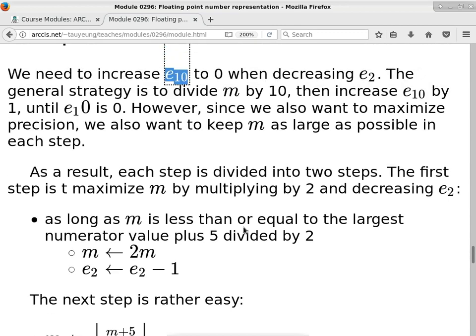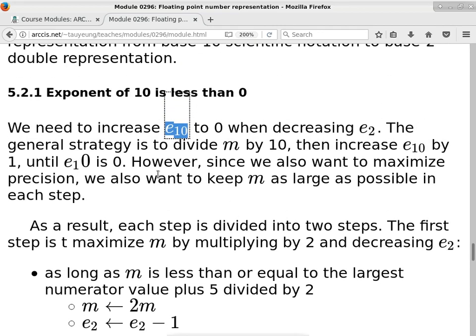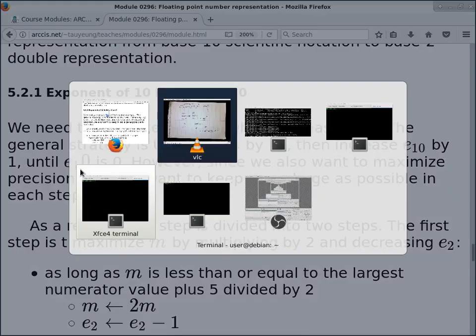So the first step, okay, let me see here. Oh, that's also wrong formatting. Until e10 is 0, the 0 is supposed to be in the subscript 2. Let's fix that. Exponent of 10.